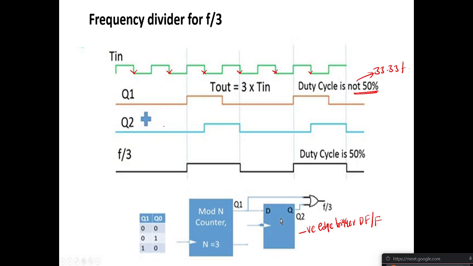So what happens during this negative edge of the clock? This Q1 is acting as an input to this D flip flop.